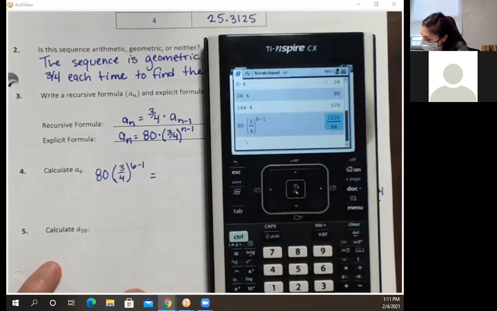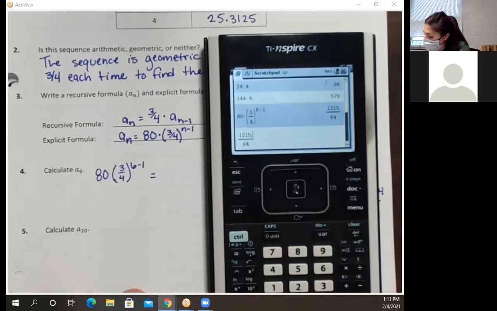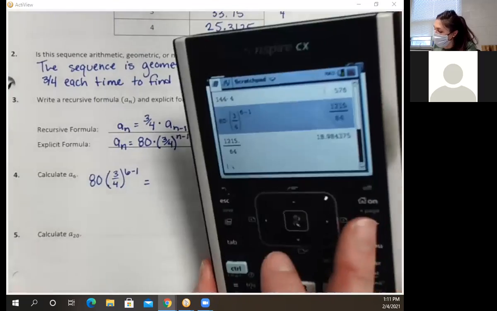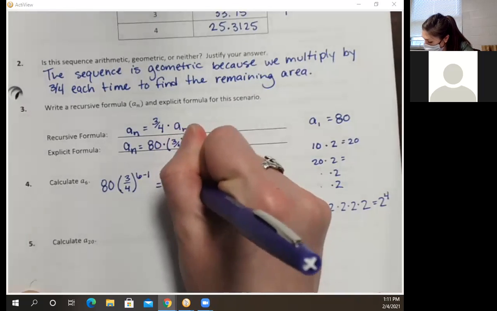And it gives me that fraction, so I'm going to arrow up to select it. And then if you go back in and just put a decimal, it will give you your answer as a decimal. You can also do, I think Control Enter gives you that approximation. I'll come take a look at your calculator in just a minute. But we should get, if I round to 2 decimal places, 18.98.